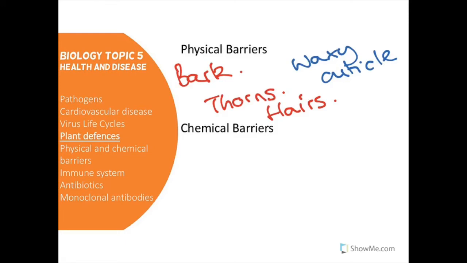So lots of plants have really thick bark layers that have thorns or hairs which stop pests getting to the soft fleshy parts. And also lots of leaves have really thick waxy cuticle layers. So if you think about a holly leaf, it's really thick, and that is a waxy layer which stops pests getting to the soft insides of the leaf which the pests want to eat.